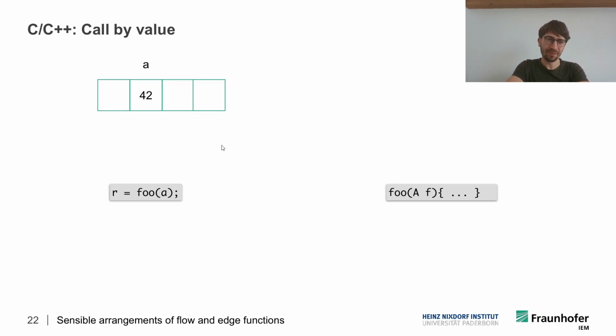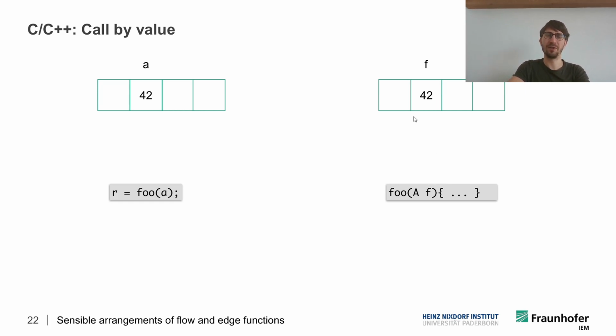The memory of a reflects this compound data structure, and now let's suppose we have this field of this structure that has the value 42. Now when we call the function foo, what happens is that the whole data structure is copied over to the argument.